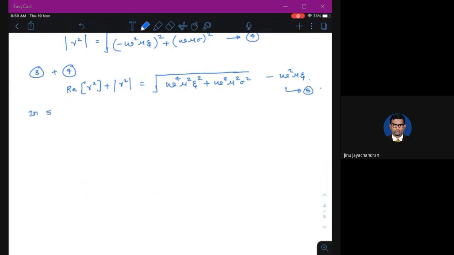In 5, from the term inside the square root, take omega square mu epsilon out.